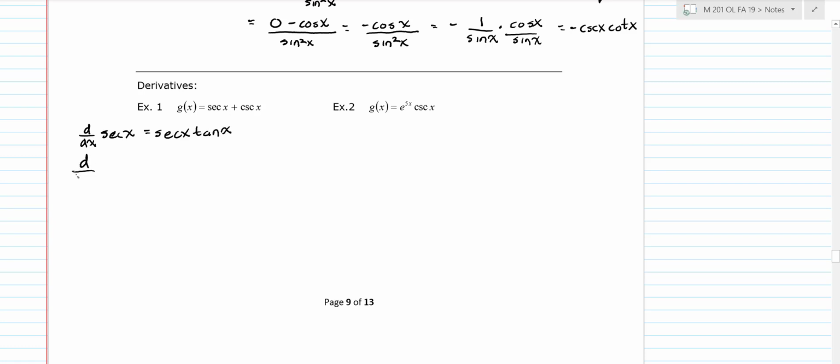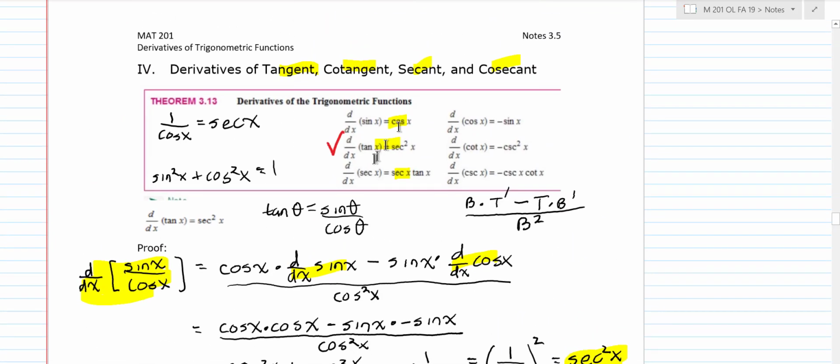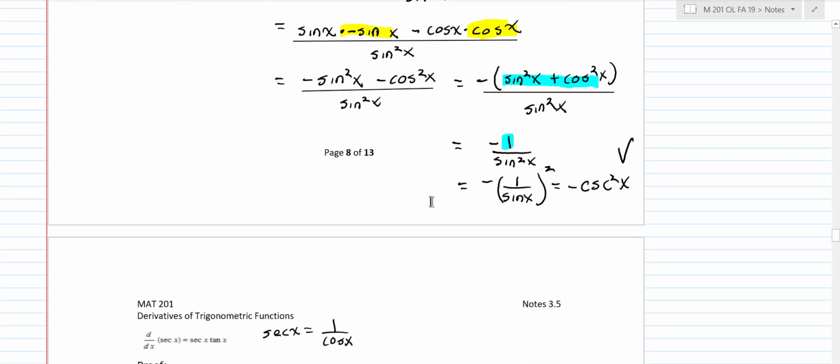And the other derivative rule is d dx of cosecant x, which is negative cosecant x cotangent x. You can get that from the previous page. I've got all those written there. Derivative of secant is secant tangent. Hold on, did I get that right?